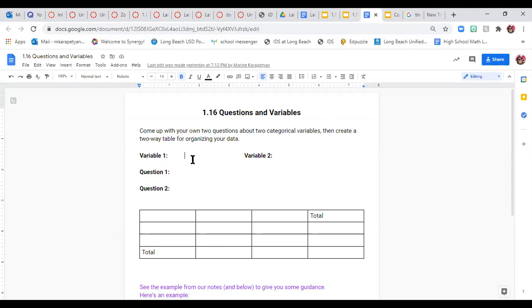Or maybe it's screen time and headaches. Maybe you think that screen time is connected with headaches. Maybe it's your love of a certain character in one book and your love of a certain type of music. Whatever two variables that you might think are associated together, that you might think have a relationship.